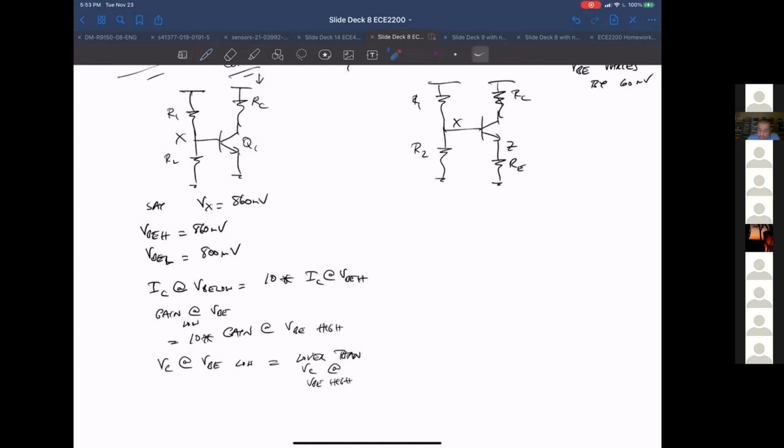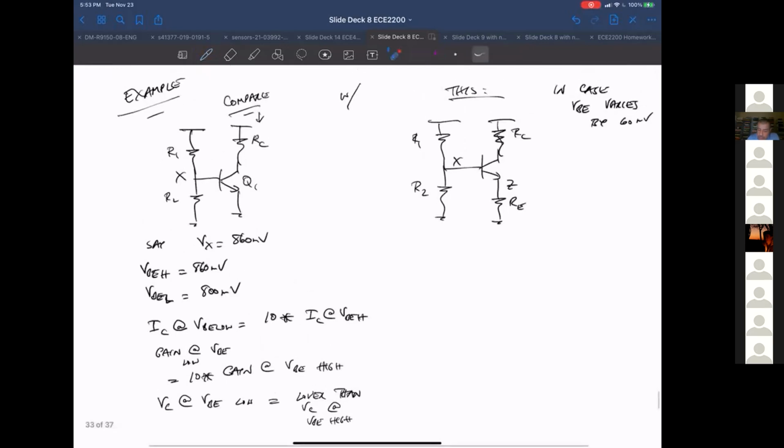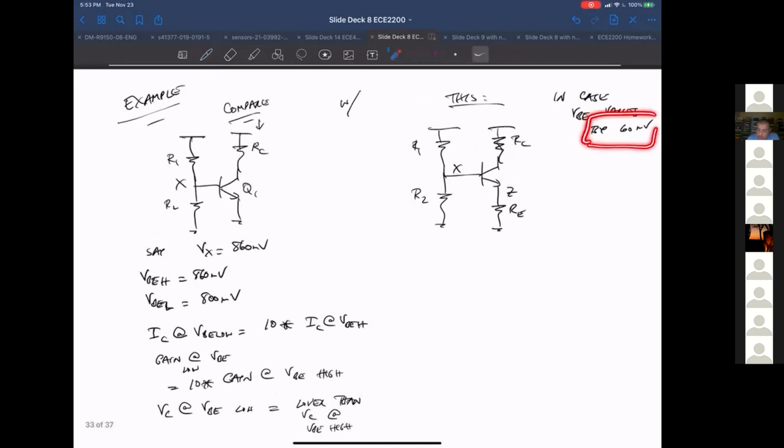What I'm basically saying is if you have this expected change in VBE by 60 millivolts in this case, you're going to get a significant change in I sub C, by a factor of 10, which is very, very significant. So it's going to change your gain by a factor of 10, and it's going to change the voltage here significantly, because in one case, you're going to get 10 times less current, or IR drop, through here than in another case.